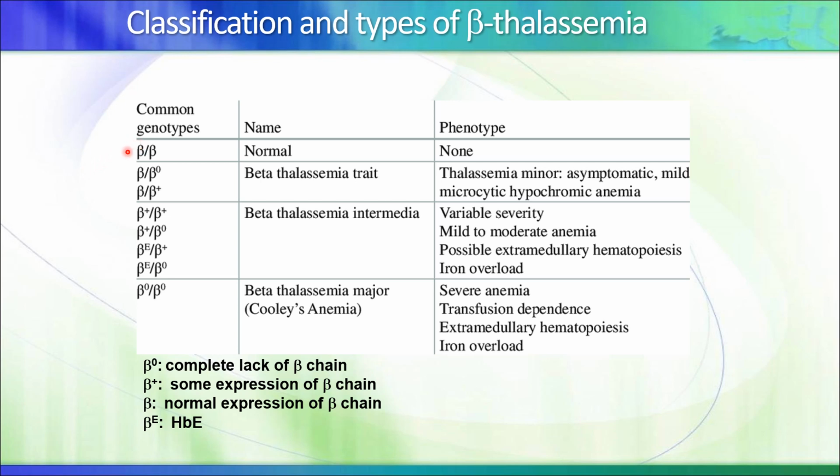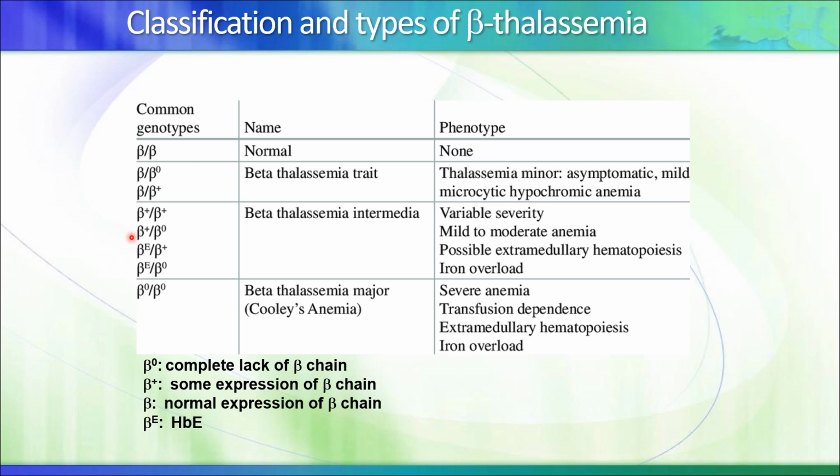So normal individuals have normal alleles of beta globin on both chromosomes. Now you can have one of them normal, but the other one can be mutated or defective. This is known as beta-thalassemia trait or thalassemia minor. These individuals are asymptomatic. Now you can have different combinations as well. So you can have both alleles producing little amount of beta globin.